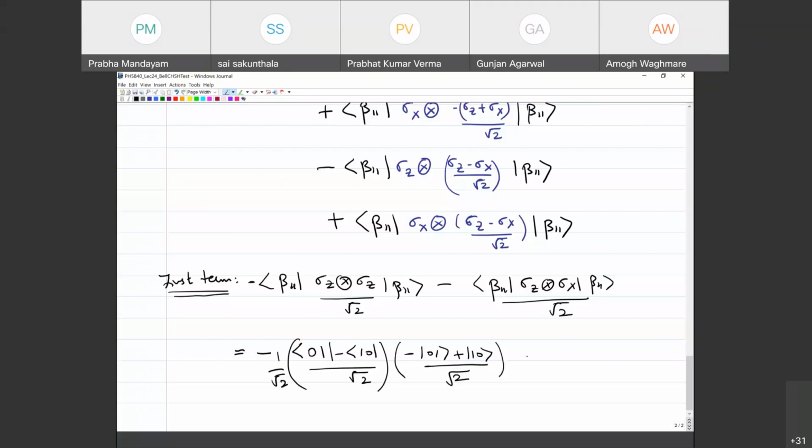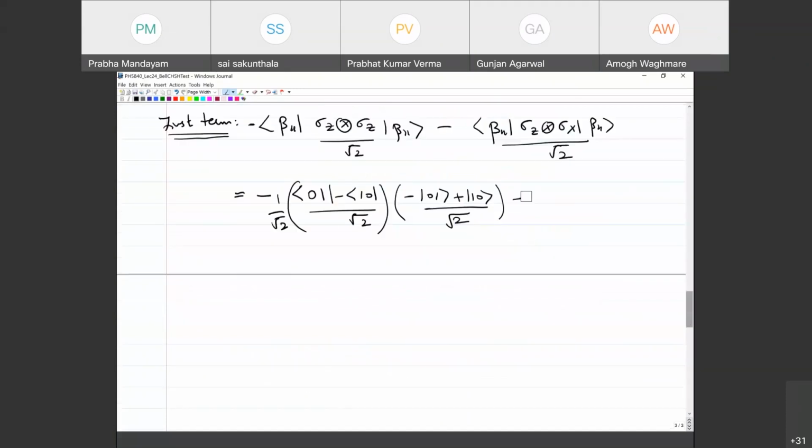Okay. Then the second term again has an overall 1 over root 2, 0,1 minus 1,0 by root 2. And now I have ZX acting on 0,1 minus 1,0.